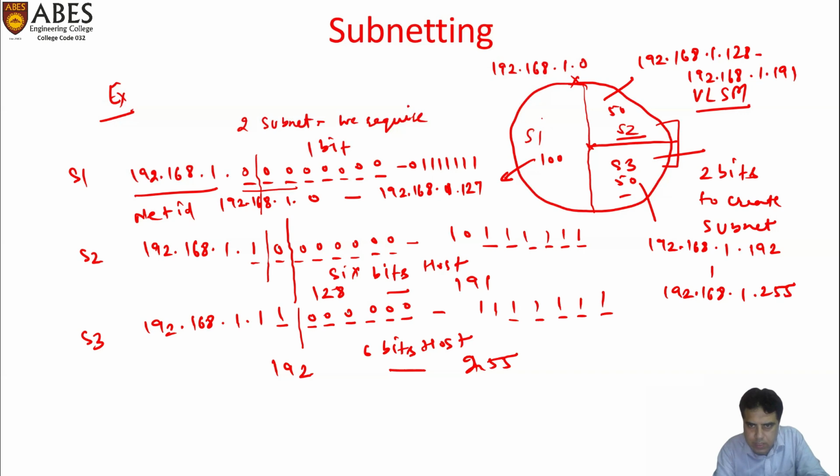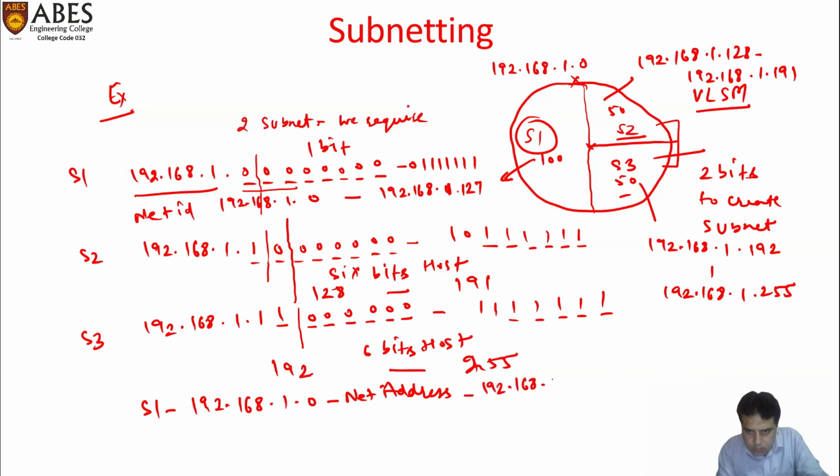For subnet S1, 192.168.1.0 is used as the network address to represent subnet S1, and 192.168.1.127 is used as the broadcast address.